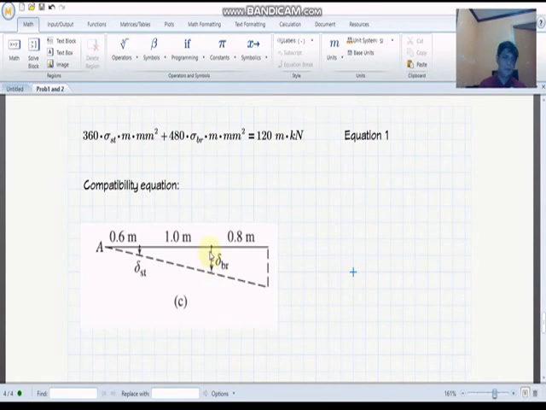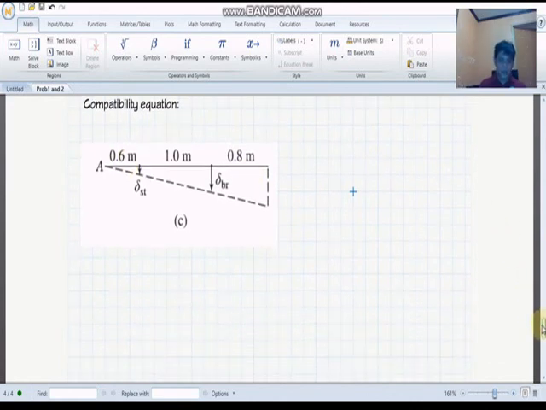So from the figure, we can easily determine the relationship between the deformation of the steel and the deformation of the bronze. Since they form a triangle, we can use the principle of similar triangle.